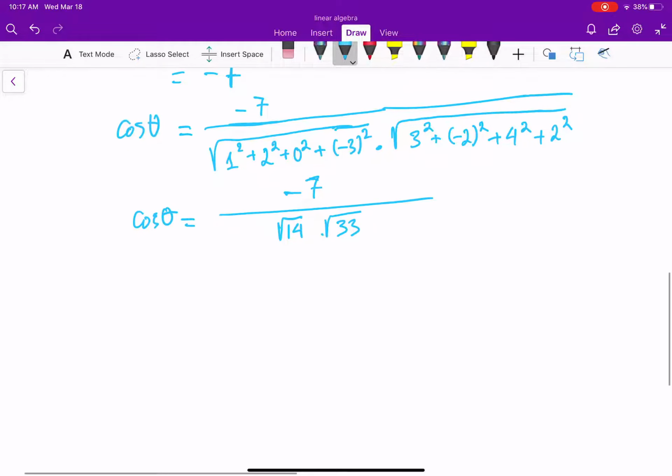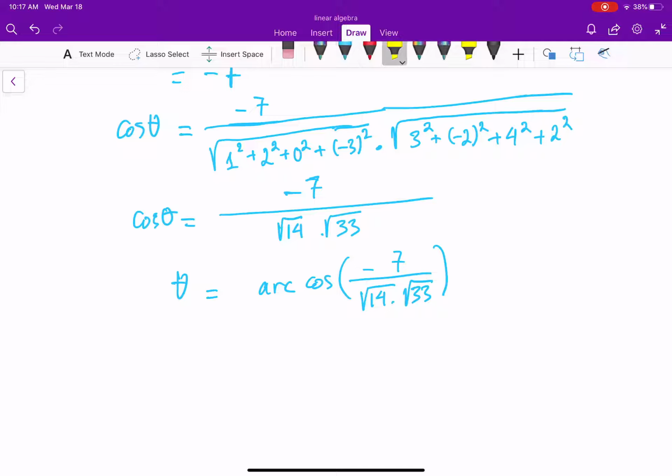From now you apply an inverse cosine, you can get the angle theta. Inverse cosine of -7 over square root of 14 times square root of 33. And you can use calculator to determine the angle. Okay, so that is how we can find the angle between two vectors, right?